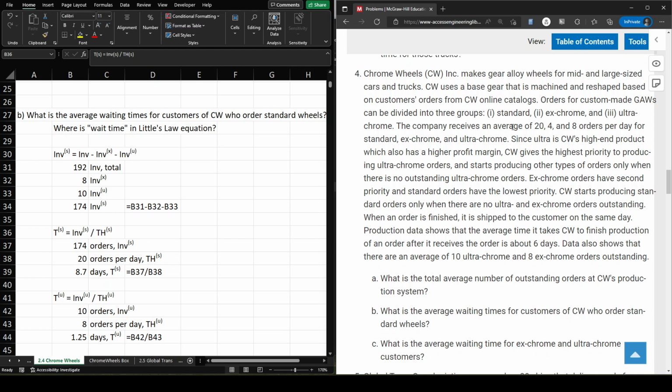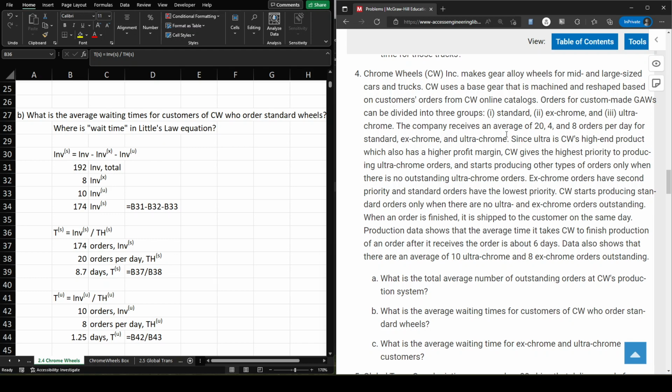And again, why do we know that? The company receives an average of 20 orders. Is that how many goes out? It turns out that in the chapter it talked about an assumption of Little's Law, which is that it's a closed system, right? That all of the inputs actually go out and there's nothing left over.